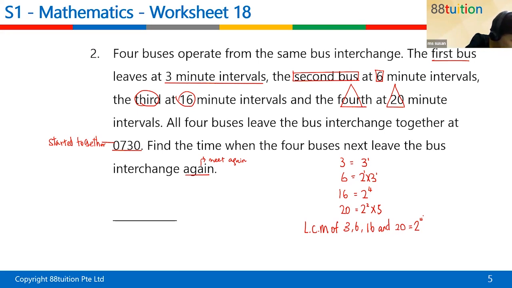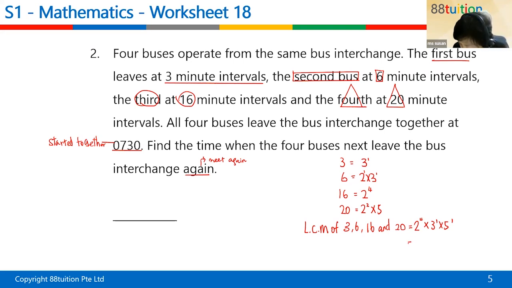Of course we choose 2 to the power of 4, the highest. Then for 3, which has a power of only 1, you can only pick 3 to the power of 1. There's no 3 to the power of 2. Then multiply by 5, which is also to the power of 1.